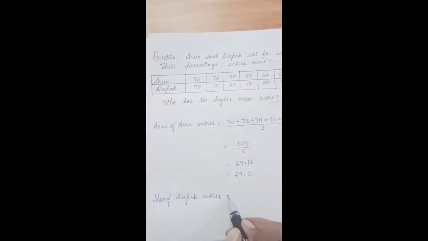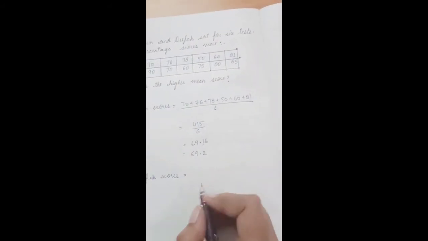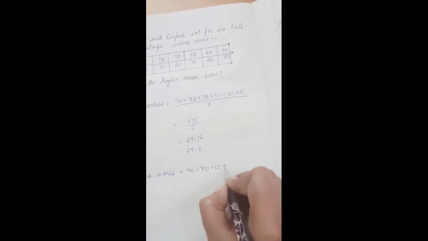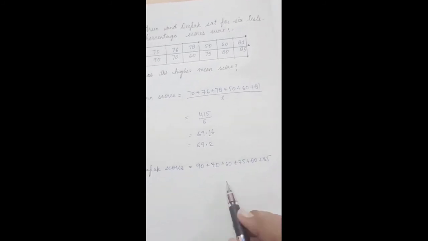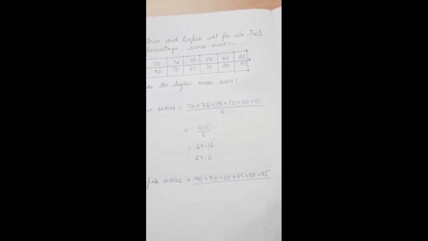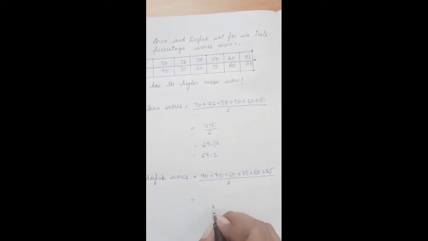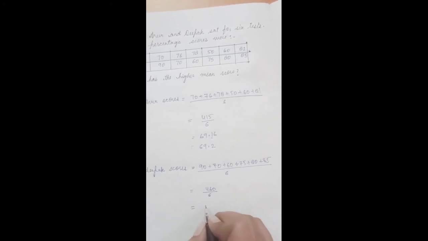Now we find out the mean of Deepak's scores, that is the sum of the scores, means 90 plus 70 plus 60 plus 75 plus 80 and plus 85 and divided by number of observations, that is 6. Now we add this, so we get here 460 divided by 6. Here you get 76.66.